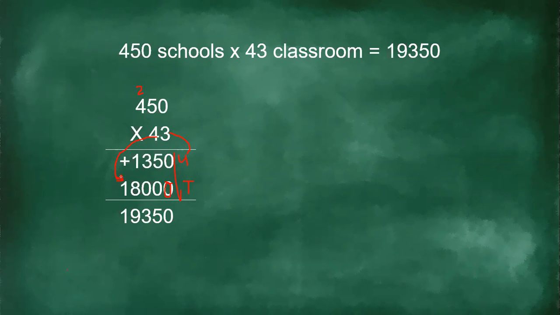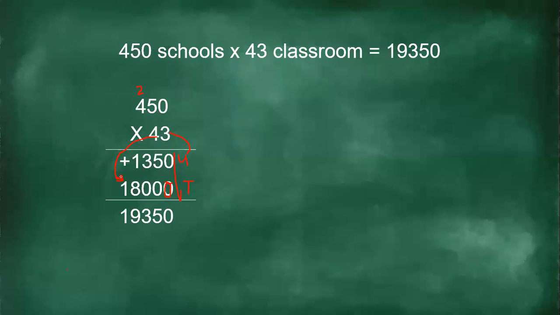And the reason why we used it is that they said there are 450 schools, right? Each school has 43 classrooms. We want to know how many classrooms there are if we're going to count them one by one. We needed to use multiplication. Why? Because multiplication is just like repeated addition.